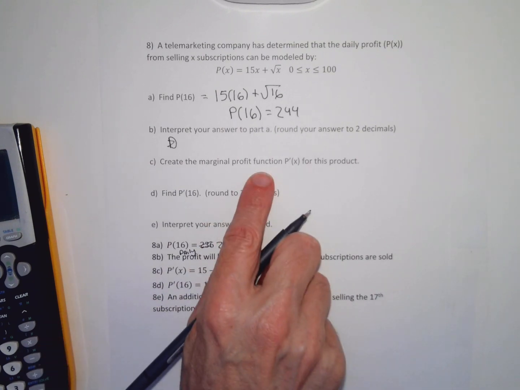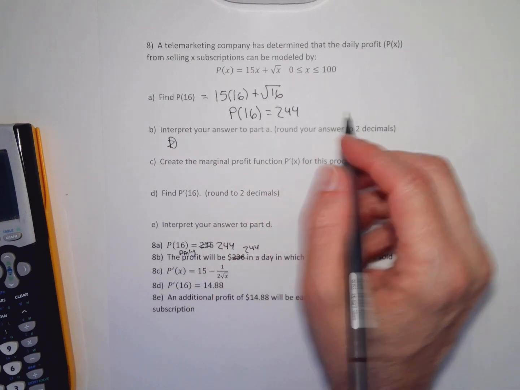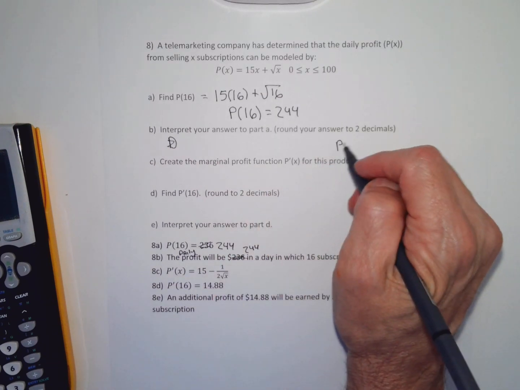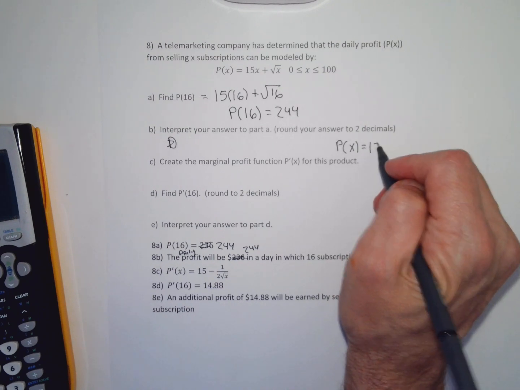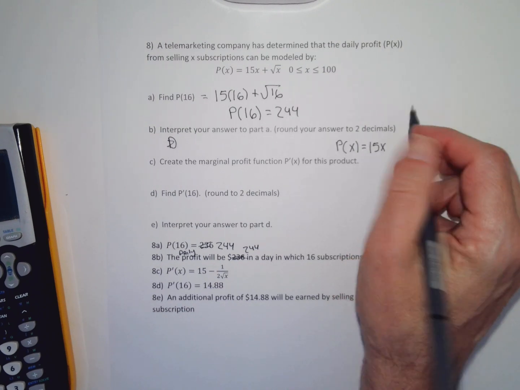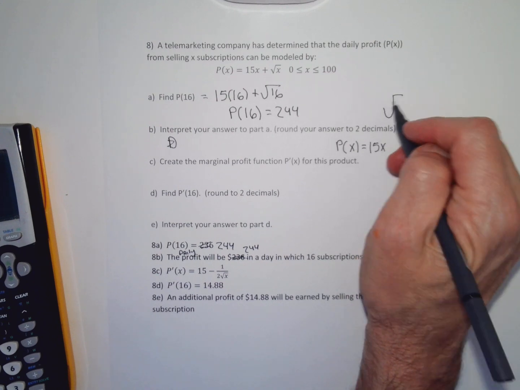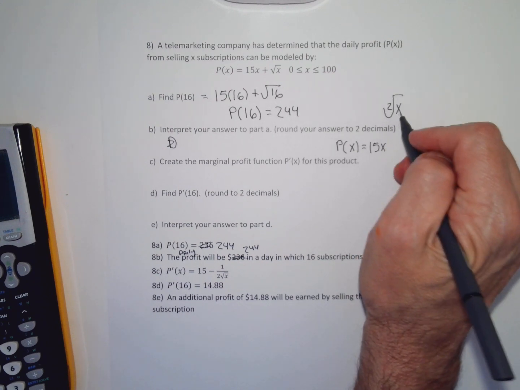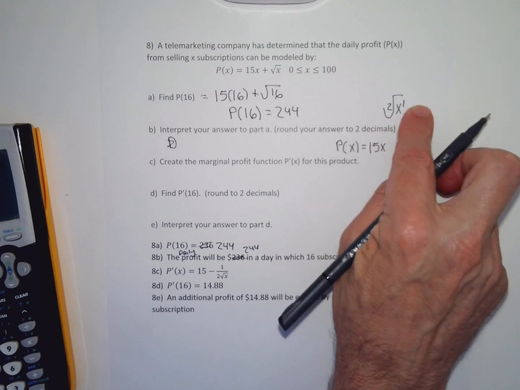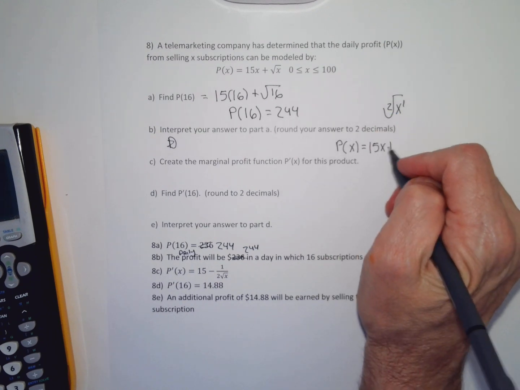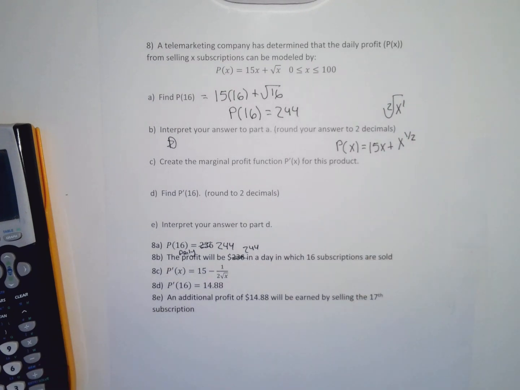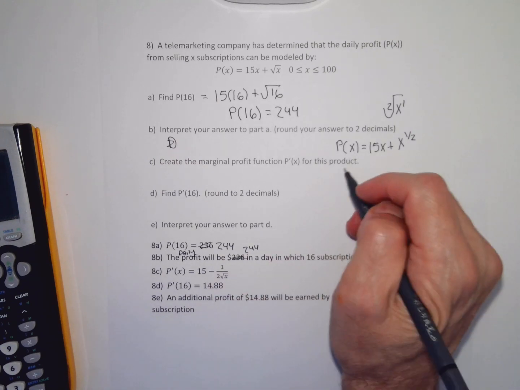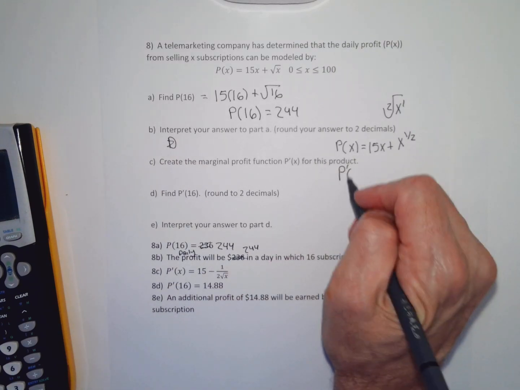Now I'm going to create the marginal profit function. And to do that, I need to rewrite the profit function with a fraction exponent. So I need to turn the square root into a 1/2 power, because the square root of x is really shorthand for the second root of x to the first. So when I go to take the derivative, I have to get the radical written with a fraction exponent. Now I can create the marginal profit function by doing my derivative.